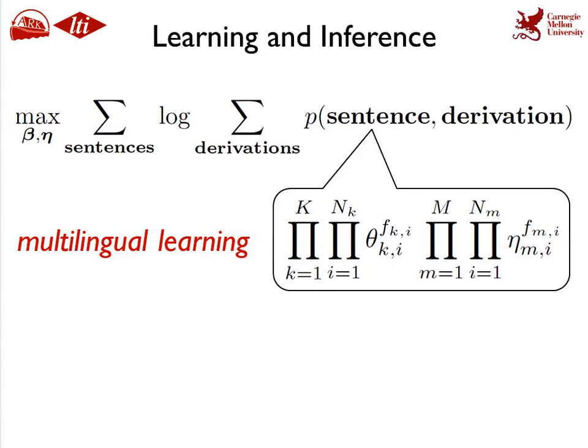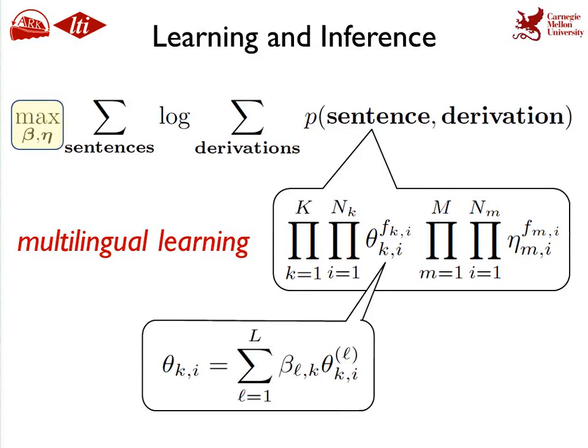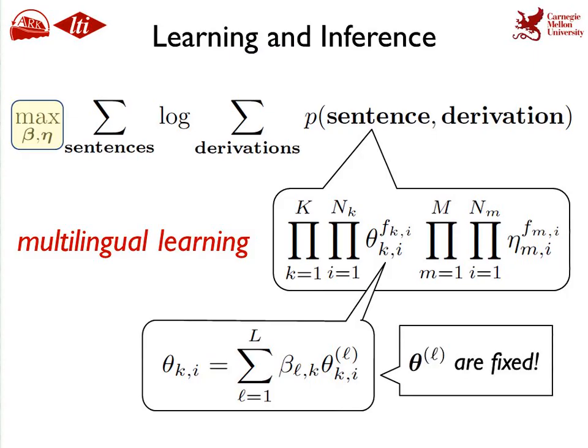The lexicalized parameters stay the same. Beta are the mixture weights. Going into the detail of this, each theta ki is actually replaced by this mixture of the helper parameters. Note that the helper language thetas are fixed, so the only things that you learn over here are the beta parameters along with the lexicalized parameters eta, which are unchanged. Any questions about this step?